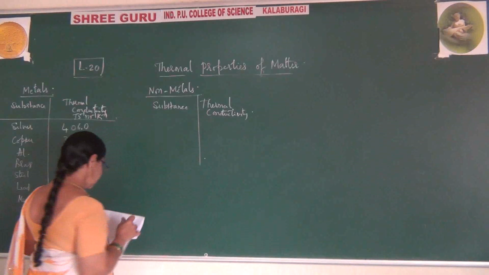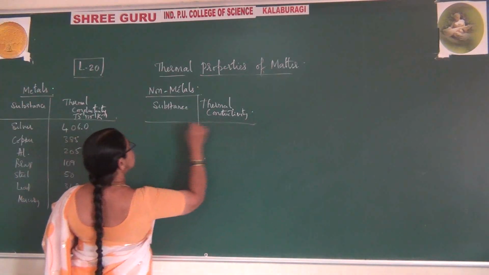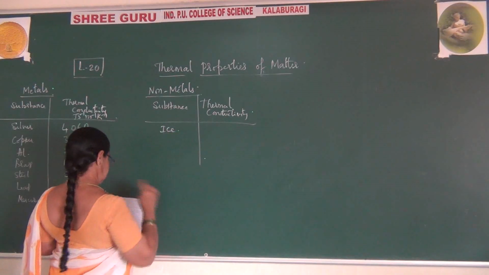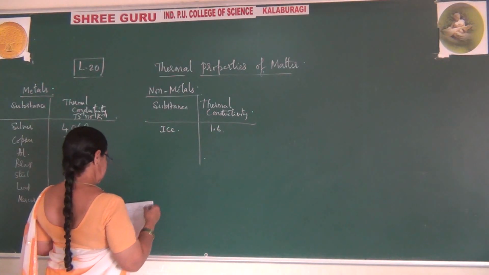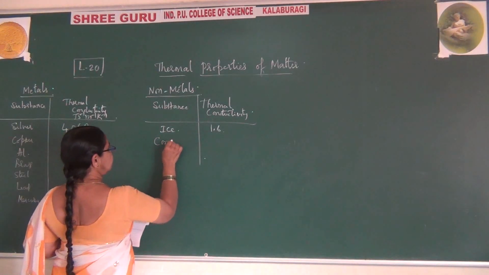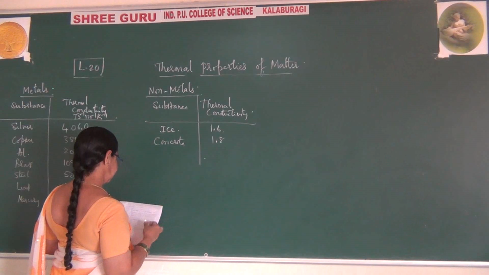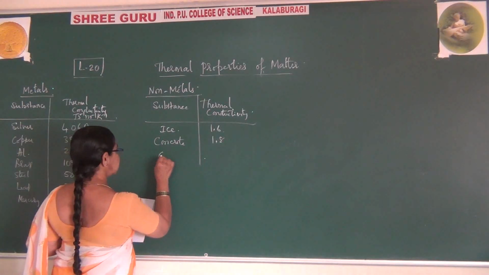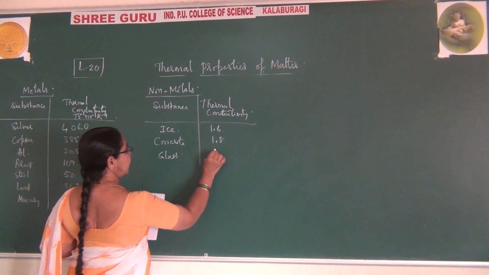Now the first one is ice, which is 1.6. Concrete, it is 1.8. Glass, which is 0.8.